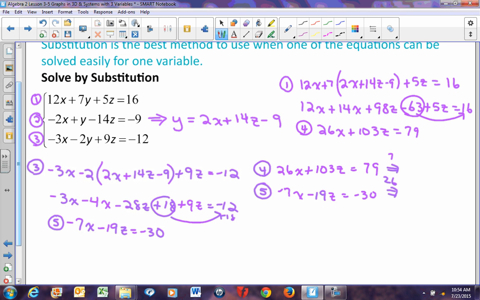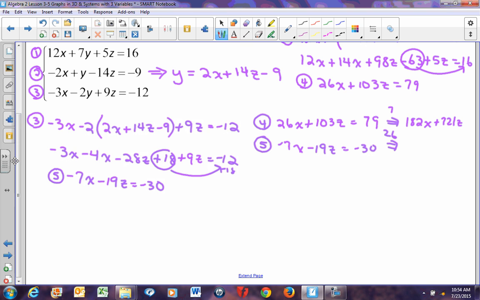7 times 26 is 182x. 7 times 103 is 721z. And 79 times 7, I'm going to do this down here so you can actually see it a little better. Let's squeeze it in there. So 182x plus 721z equals 79 times 7, which is 553.